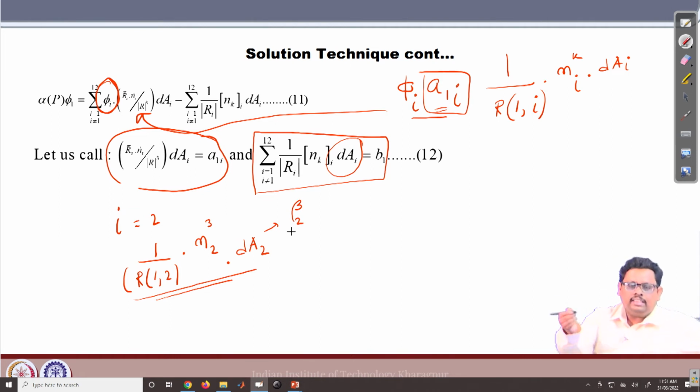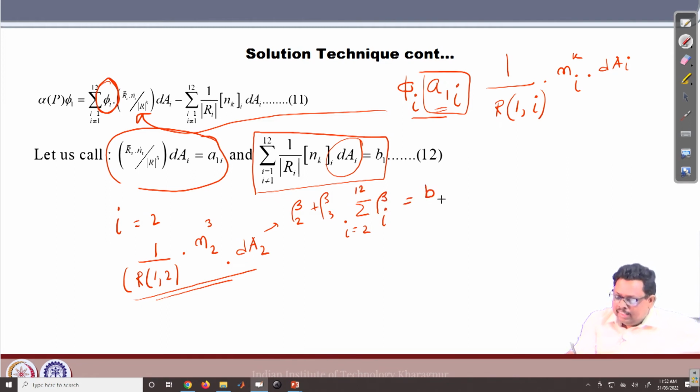So, in case of a third panel, everything again is known to me, and I can call that beta 3. So on, if I keep adding everything, so the sum over i equal to 2 to 12 of beta i, I call this as B, again it is 1. Why this 1?